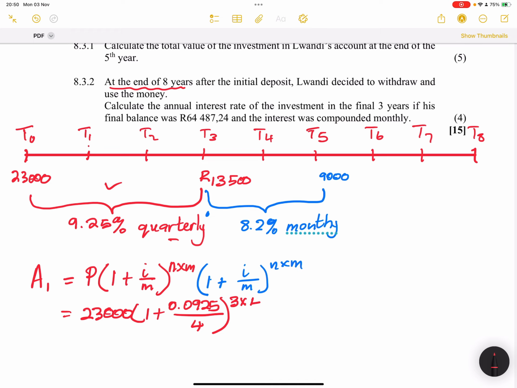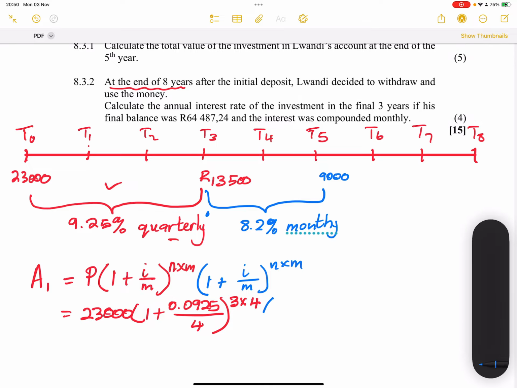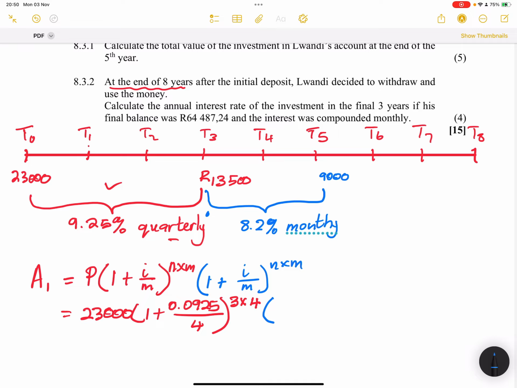But in each year, there are 4 quarters. This is multiplied by the other period: 1 plus 0.082 divided by 12, to the power of 2 years multiplied by 12. All right, now that's for the 23,000.